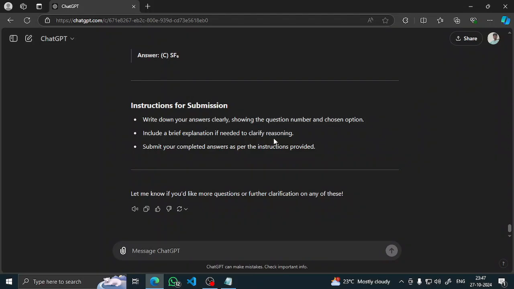Let's move on to our fourth use of ChatGPT, and that is to create tests. So I'm going to say, let us change the topic. Create an MCQ test of, suppose, 20 questions.